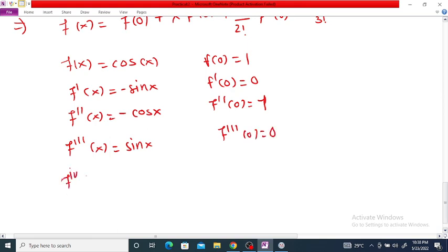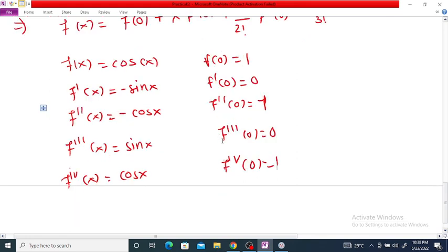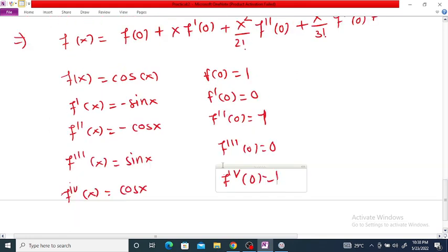The fourth derivative at x is equal to cos x and the fourth derivative at 0 is equal to 1. So if you substitute all these values here, that is f of 0 is 1, f dash 0 is 0, f double dash 0 is minus 1, f triple dash 0 is 0, and the fourth derivative is again 1.